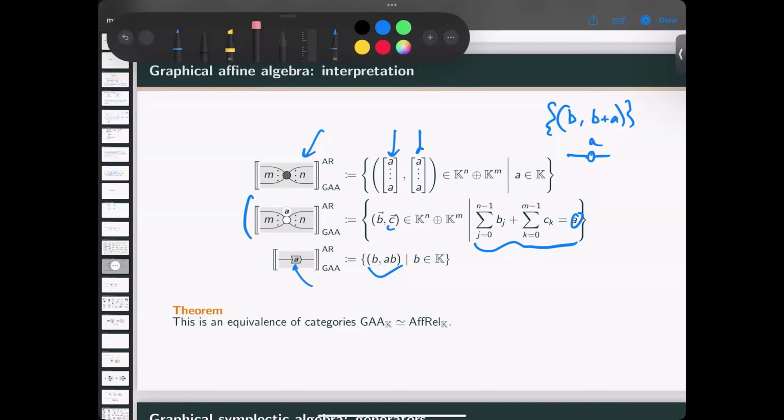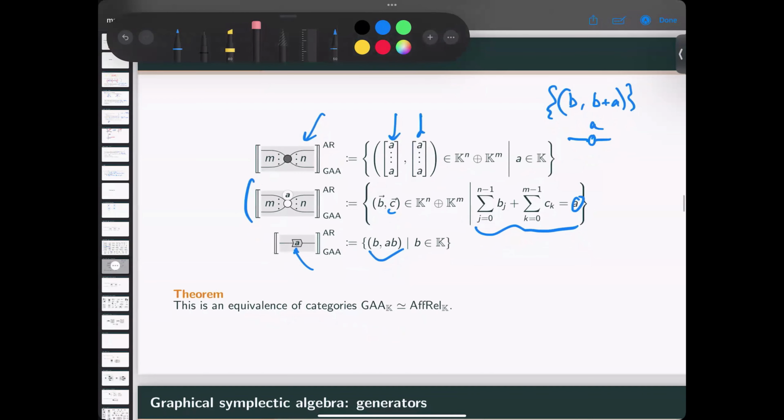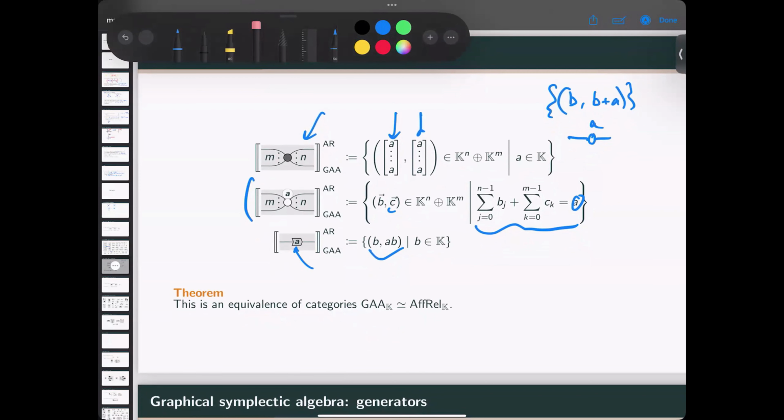It's an equivalence of categories simply because I gave you the non-strict, non-skeletal version of the category of affine relations. In the article, we do everything in the evil way, and so this is actually described as an isomorphism. Perfect. Are there any questions about affine relations before I move on?